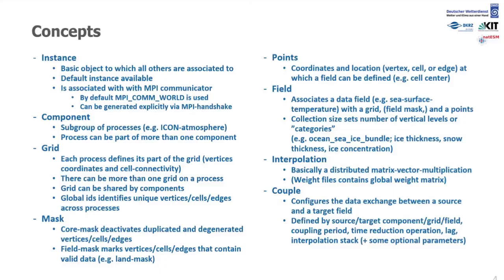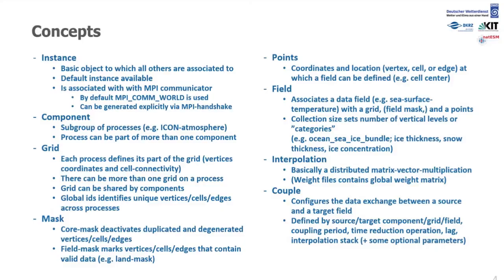And once you define a field, you provide the points at which the field will be defined, so at the cell centers. And a field basically represents a data field from ICON, like sea surface temperature. In order to define a field, you have to associate it with a grid, potentially a field mask, and a set of points.